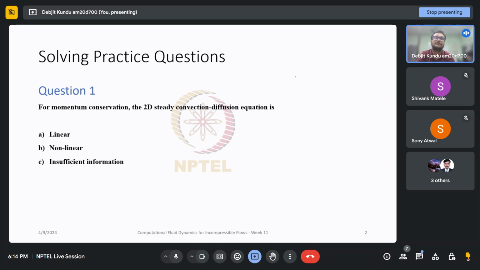In week 10, we started talking about the finite volume method, and in week 11 we will continue with that. In week 13, we will discuss some convection schemes which are used for finite volume methods. The course was organized such that weeks 1 to 9 were finite difference method, and weeks 10 to 12 gave a brief introduction to finite volume method.